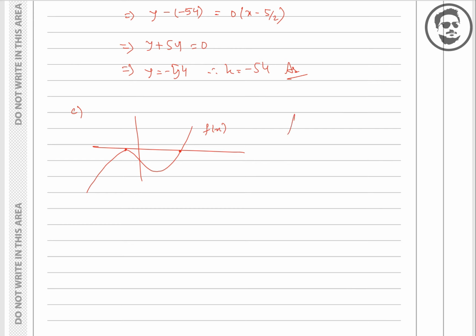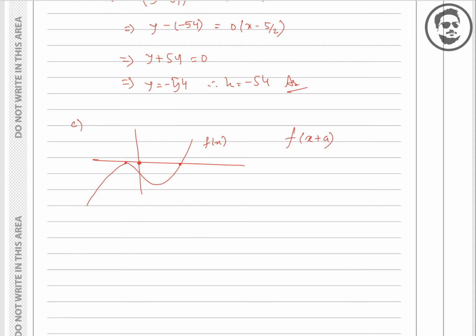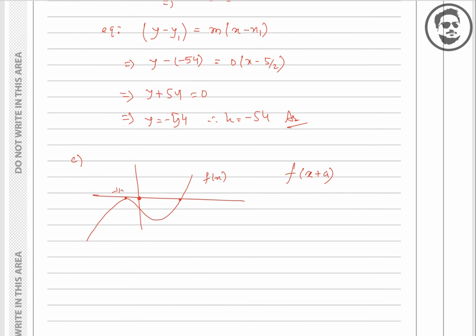Now they are asking that if we translate the equation as f of (x plus a), then this curve will actually pass through the origin. Then what we can do here is, we can add half to the x so that this maximum point will pass through 0, or we can deduct 4 from the x, and that will make the curve pass through 0.